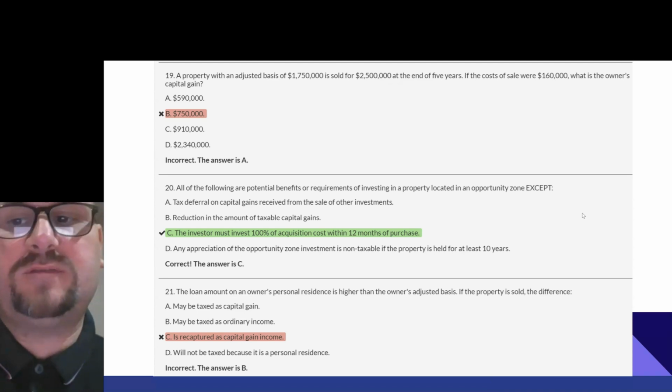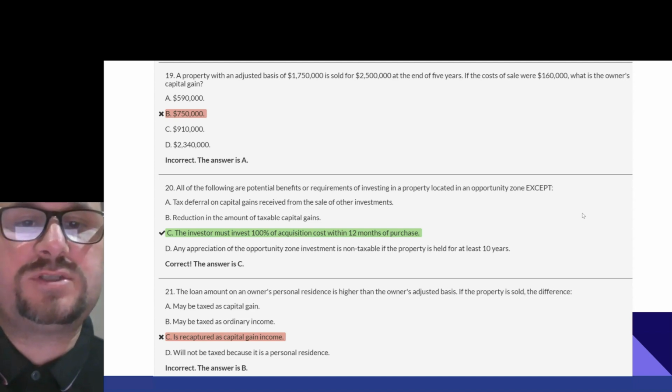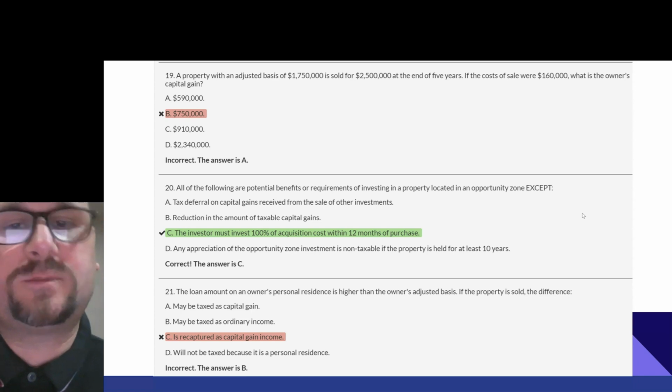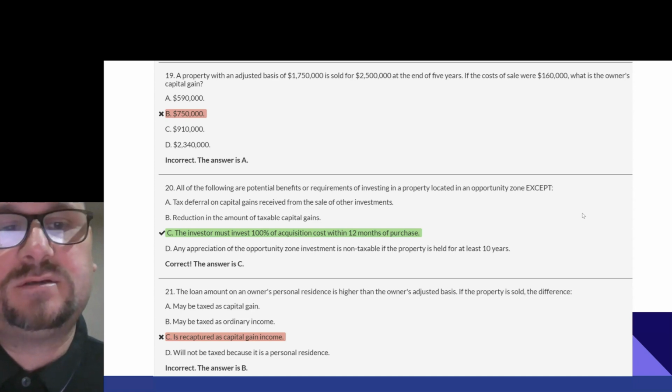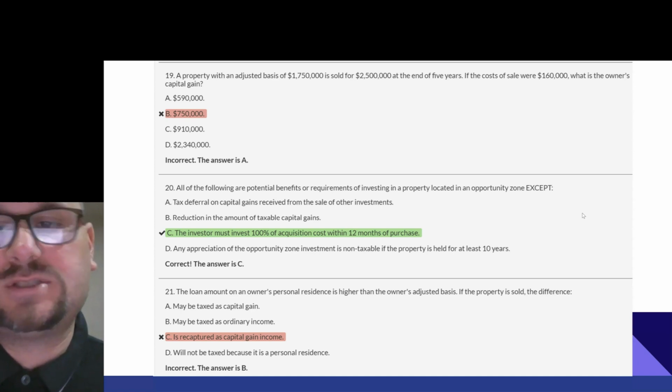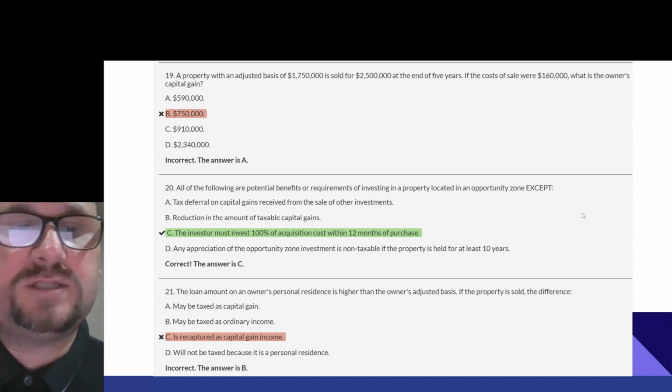Again, we're talking about a personal residence, not investment property.